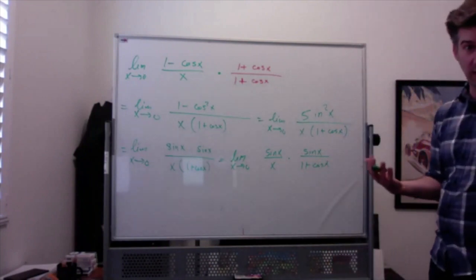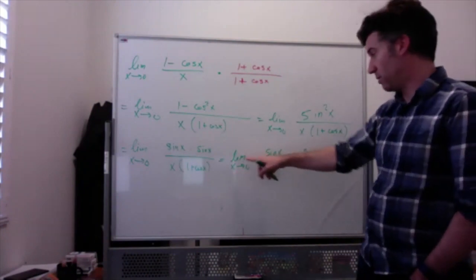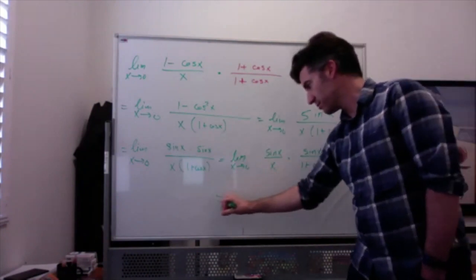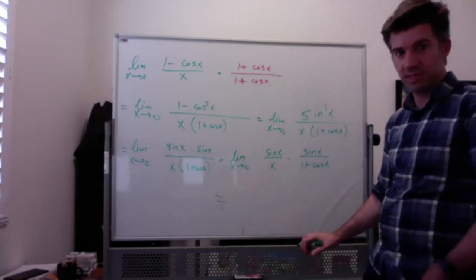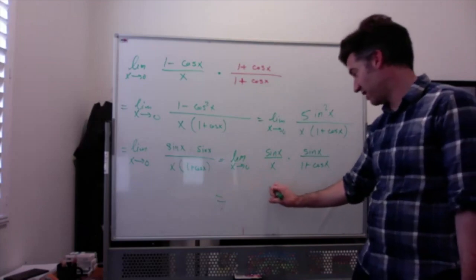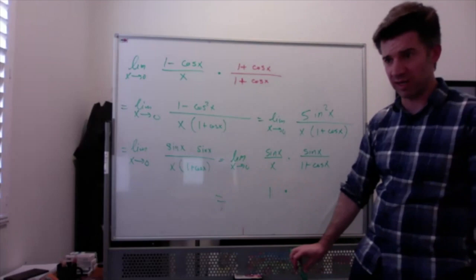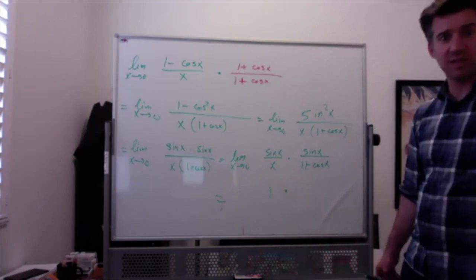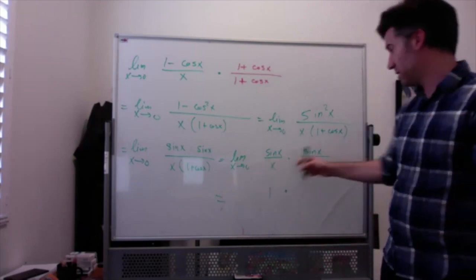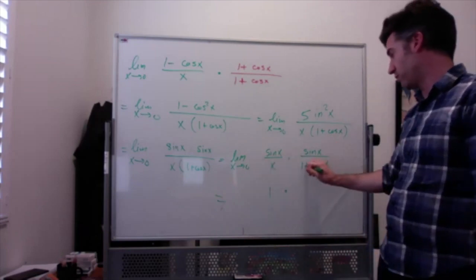Okay, let me ask you guys. As x goes to 0, what's the limit of sine x over x? This is not meant to be a hard question. Yeah, exactly. That's definitely 1. Here's a maybe harder question just because we're not used to it. As x goes to 0, what's the limit of sine x over 1 plus cosine x?